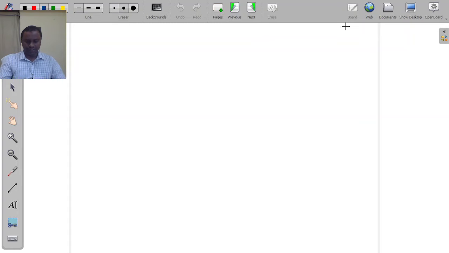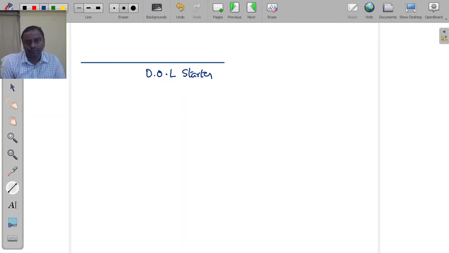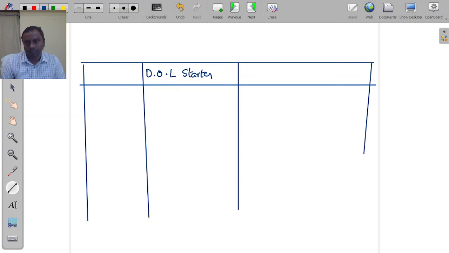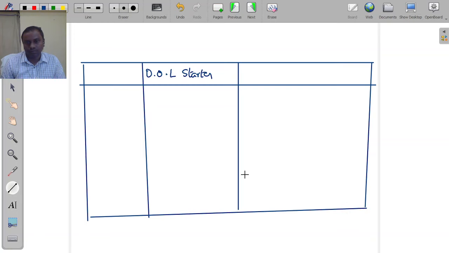So this question, now we'll see that DOL starter, star delta starter and auto transformer starter.